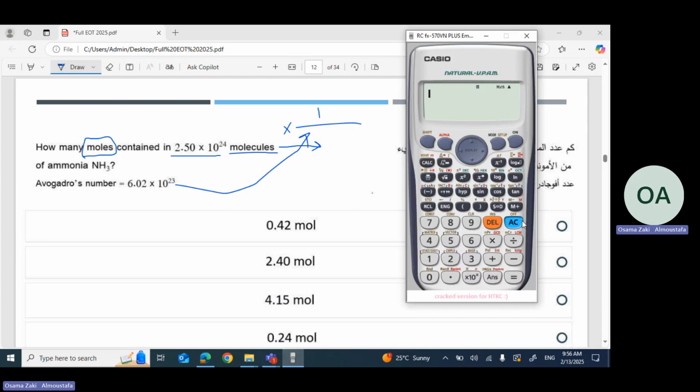We have 2.5 times 10 to the power 23 times this fraction, 1 over 6.02 times 10 to the power 23, equals 0.42. Okay, so this is the correct answer.